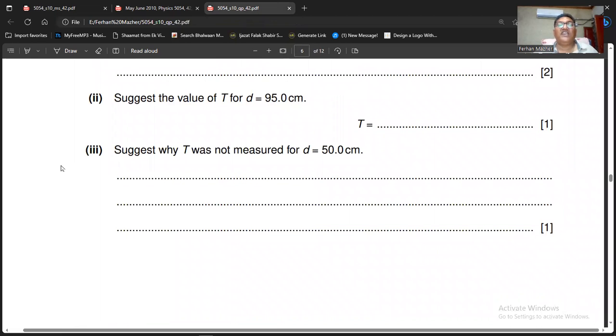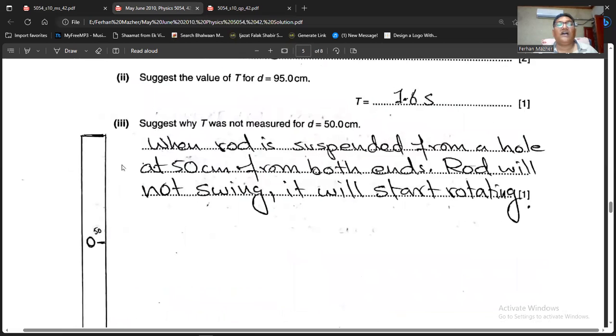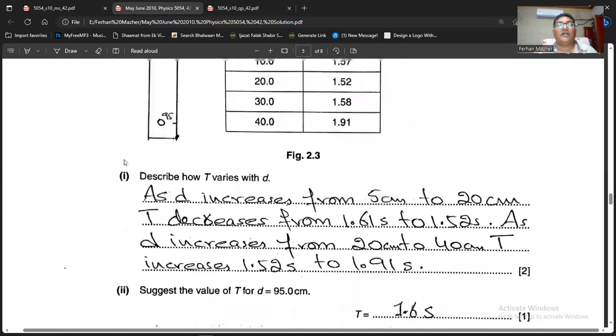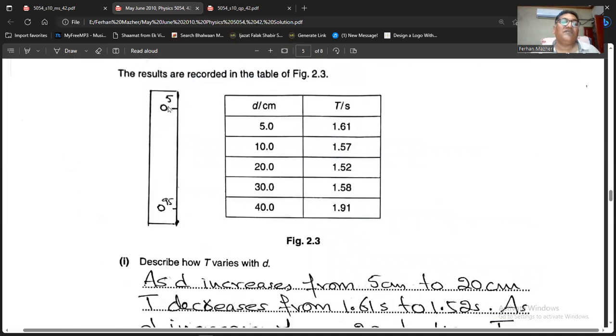Then their question is, suggest the value of the T for D equals 95 centimeter. Here, you see, when you hung the rule at 95, for example, let me show you. If this is 5, so you hung it from here, and this is 95. When you hang it from 95, the rule will automatically become like this.